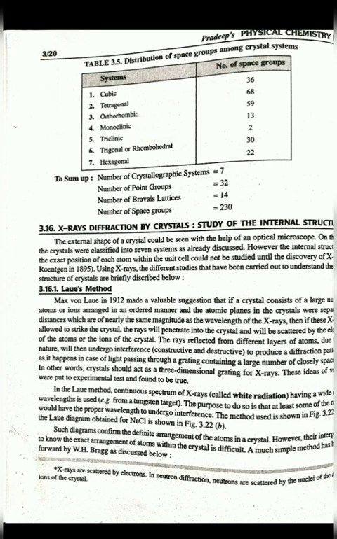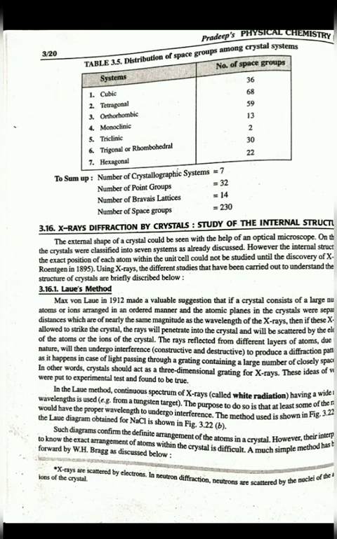Next, 3.16.1. Laue method. Max von Laue in 1912 made a valuable suggestion that if a crystal consists of a large number of atoms or ions arranged in an ordered manner, and the atomic planes in the crystal are separated by distances which are of nearly the same magnitude as the wavelength of the X-rays, then if these X-rays are allowed to strike the crystal, the rays will penetrate into the crystal and will be scattered by the electrons of the atoms or the ions of the crystal.